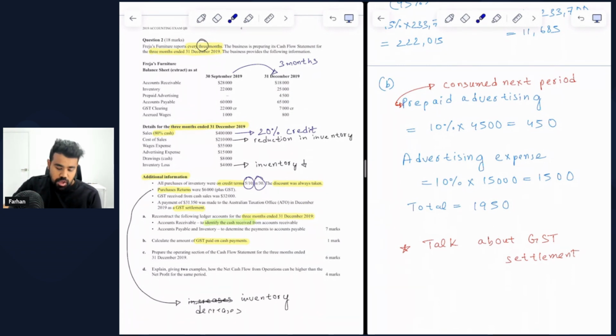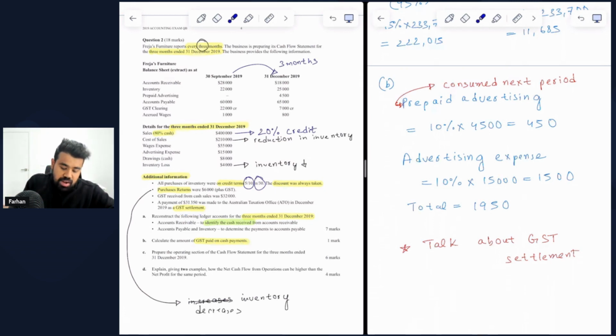This is not really relevant to any expenses that we have paid for in cash, which triggers the GST that we need to pay on top. So this is a settlement. The settlement here is different to the expenses that we have paid for in cash. So you need to be careful of this difference.